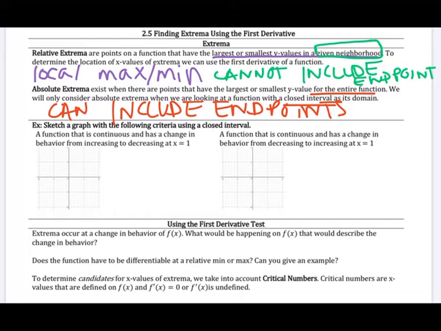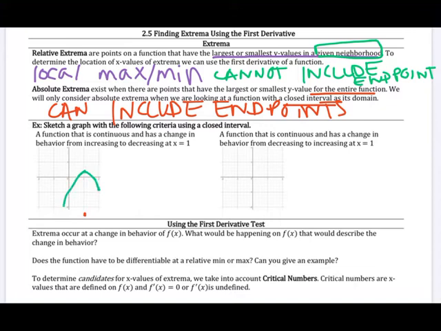Let's look at a couple examples, just sketching. So this first example says, sketch a graph with the following criteria using a closed interval. A function that is continuous and has a change in behavior from increasing to decreasing at x equals 1. So x equals 1 is right here on my graph. It's increasing when it hits x equals 1, then it's decreasing.